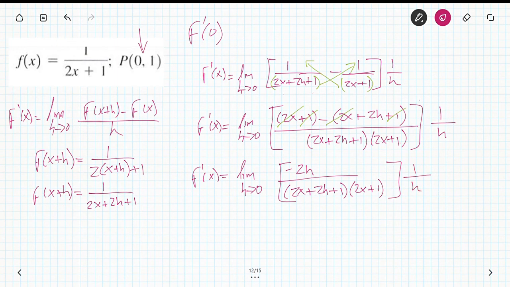Now here's one more thing we can eliminate. Look at that h here and this h here. Can we get rid of that? Of course we can. So let's get rid of this.